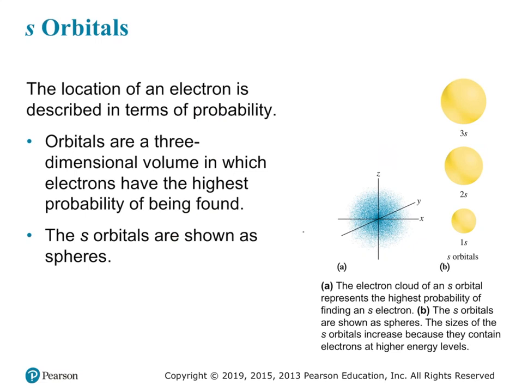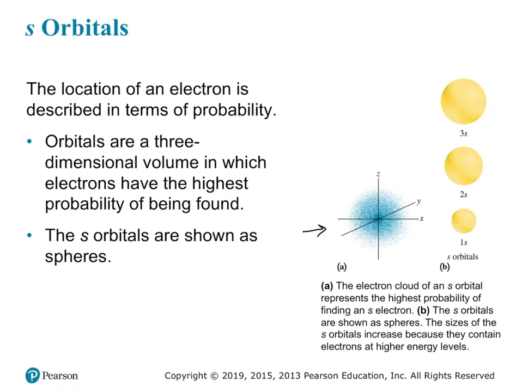So off to the right, you can see something called an s orbital. And this was modeled on a computer. And basically, what the computer scientist, I'm assuming, did was they were trying to model where an electron might be if it exists in this s orbital.